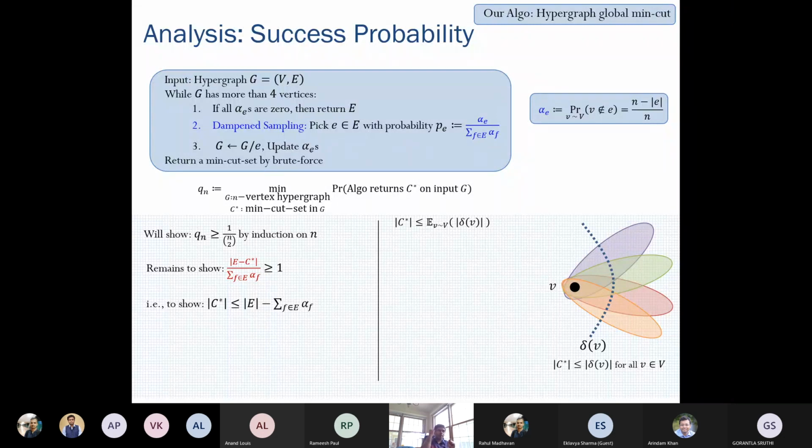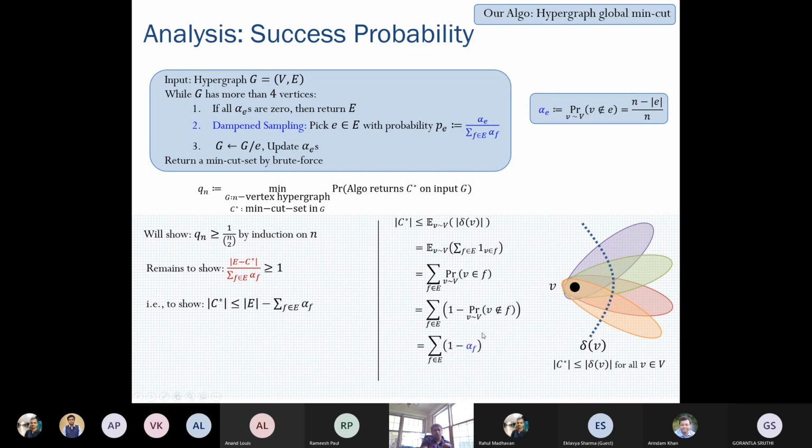Now, the number of hyperedges incident to a vertex V, I can write it as the sum over all hyperedges F of the indicator function of the vertex V being in the hyperedge. Now, by linearity of expectation, this is the sum over all hyperedges F of the probability of a uniform random vertex being in the hyperedge, which is 1 minus the probability of a uniform random vertex not being in the hyperedge.